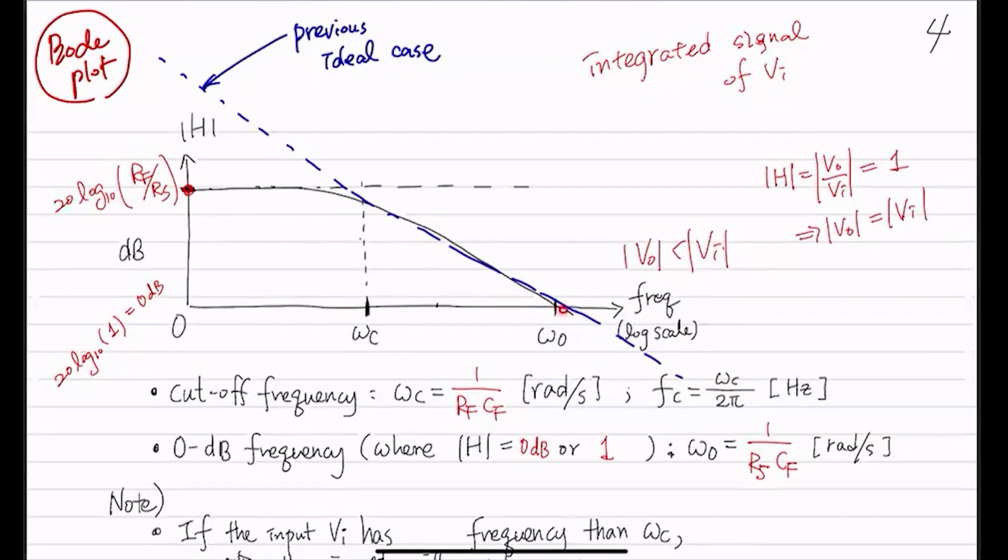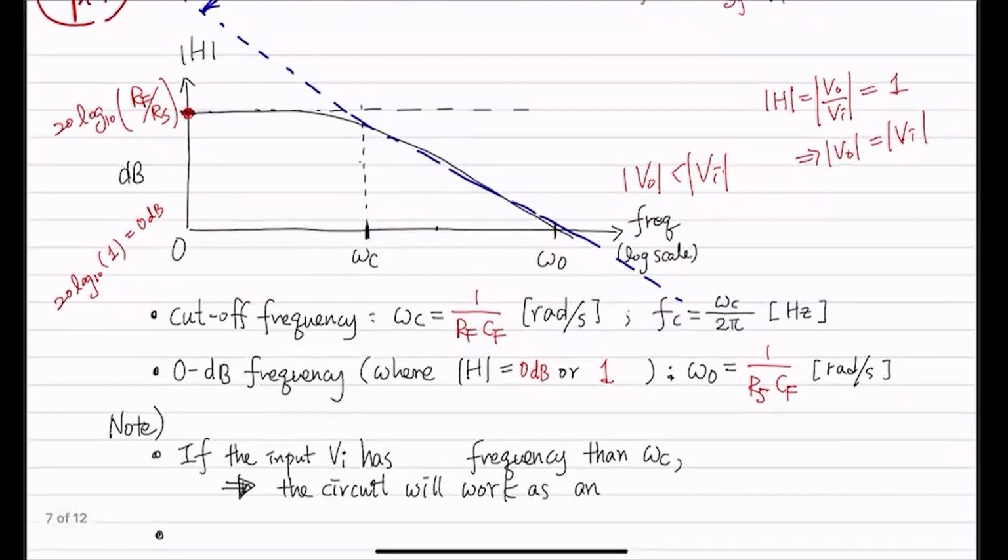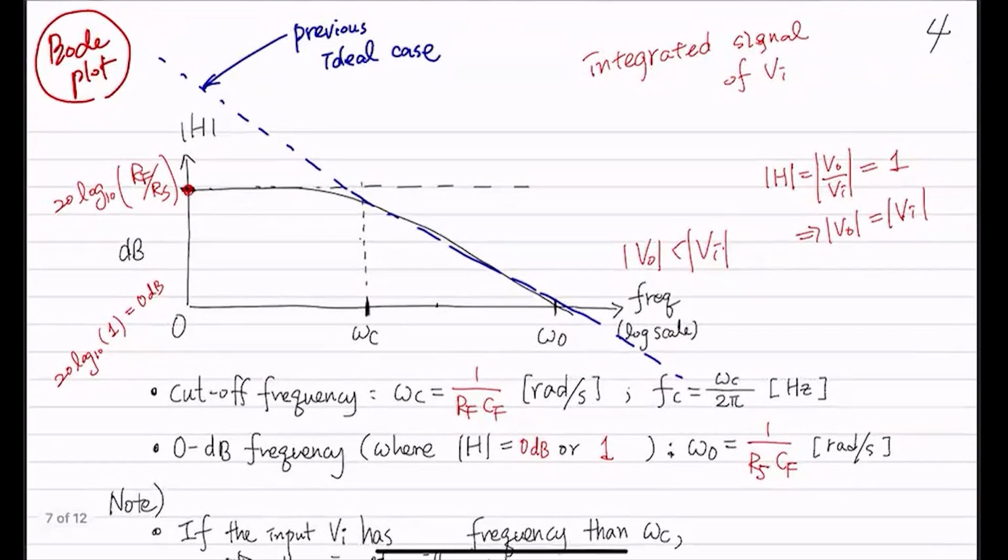So if you select frequencies that are above this, your output is going to be smaller than your input. So that is not really recommended, okay? So for the integration purpose, we are going to use the frequency between here and there, okay?